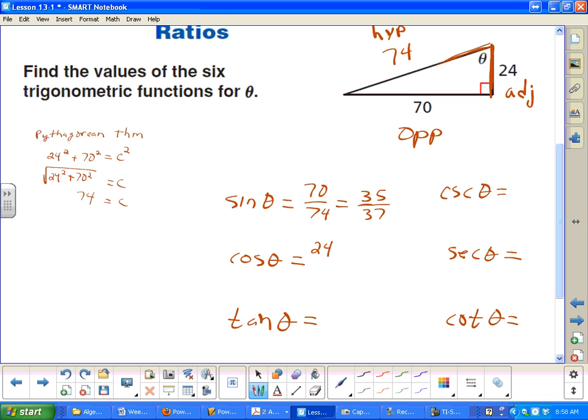So 24 over 74, which when I reduce that, I get 12 over 37. And tangent is opposite over adjacent. So 70 over 24, which is 35 over 12.